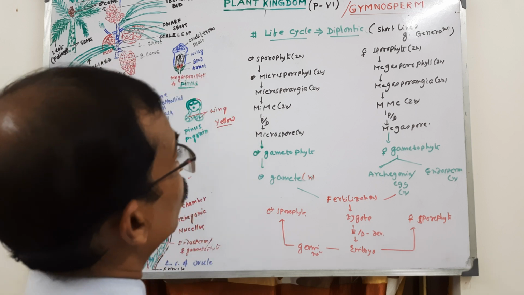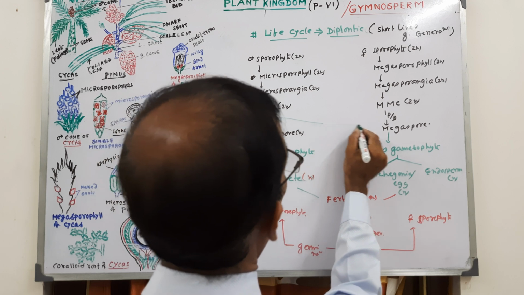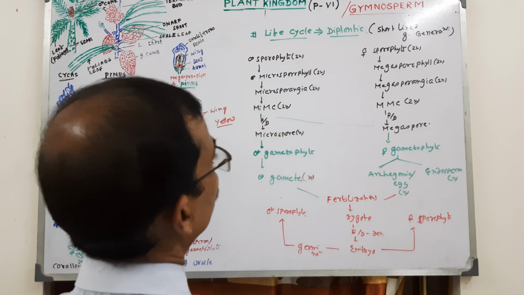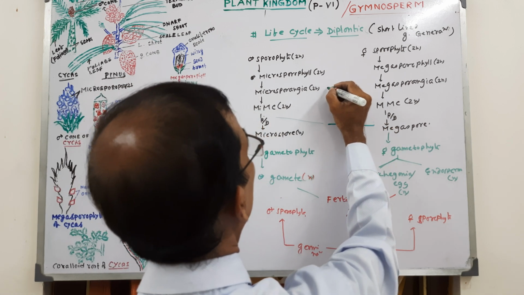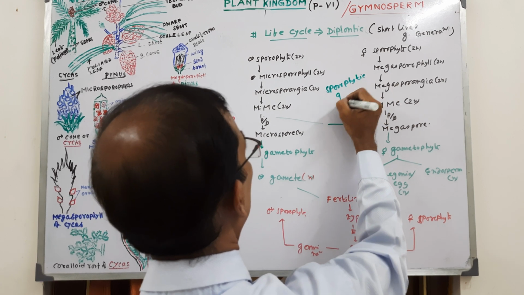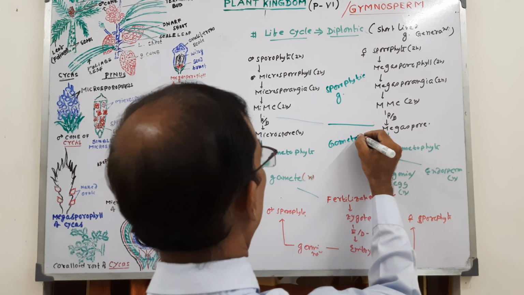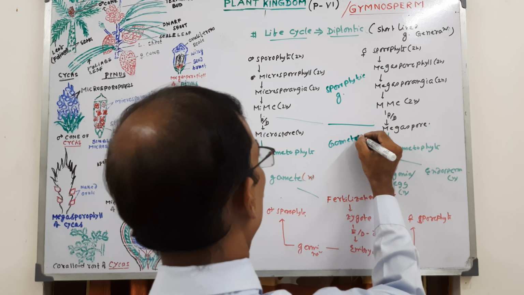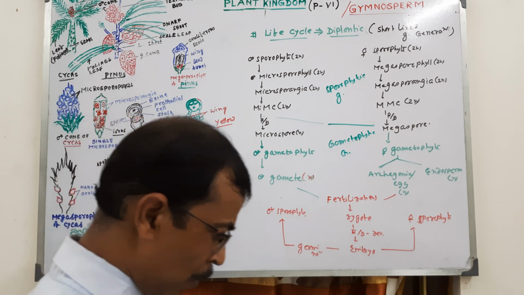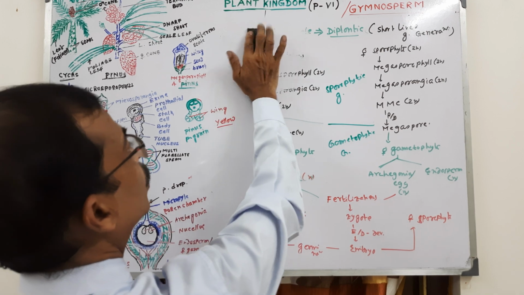So it accomplishes through two different stages, that is this stage it is sporophytic generation, it is gametophytic generation. Okay, gametophytic generation. Now discuss about economic importance, that is last topic, economic importance of gymnosperm.